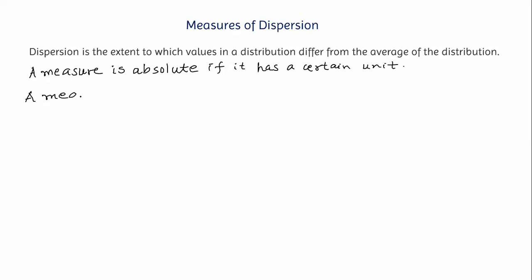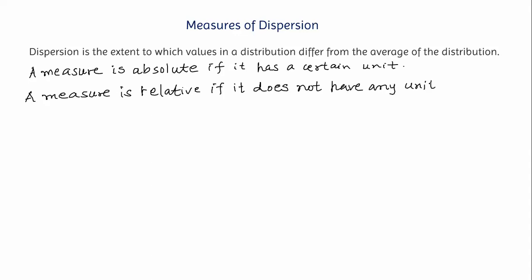A measure of dispersion is relative if it does not have any unit. So every time whenever we learn a particular measure of dispersion, we'll be curious to understand whether it is an absolute measure or a relative measure.